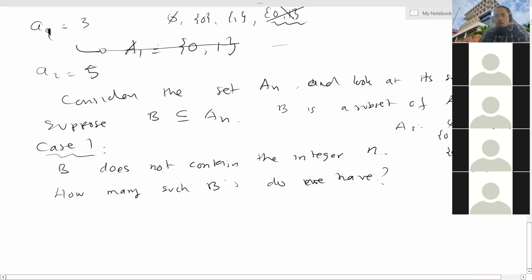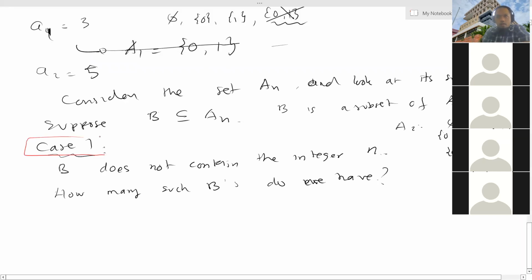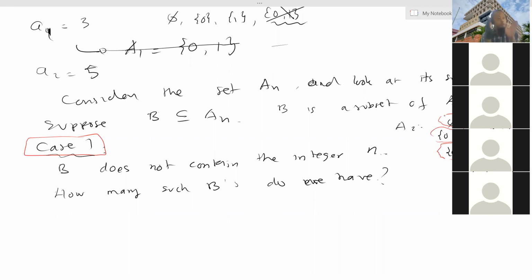Case 1, let me color it with red. Which B are we looking at? Well, it has to be this one, and this one, and this one, and this one. Those are all the possible examples of B.